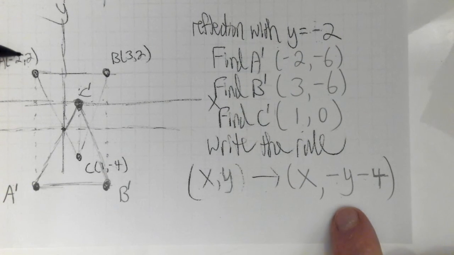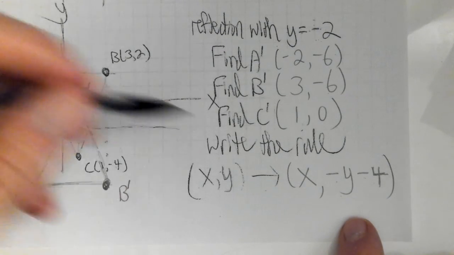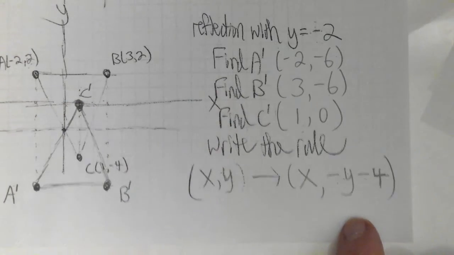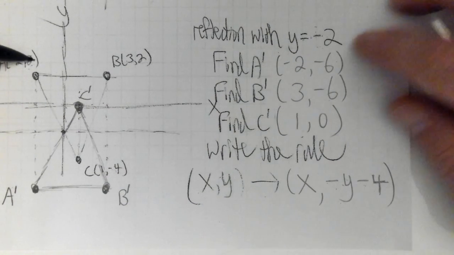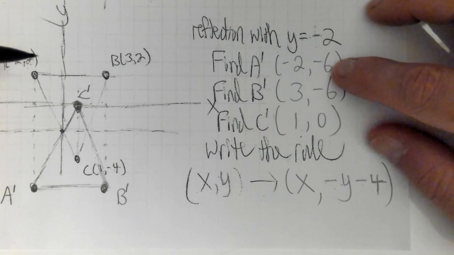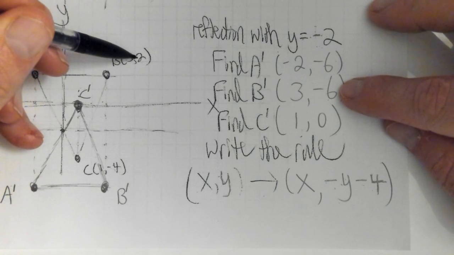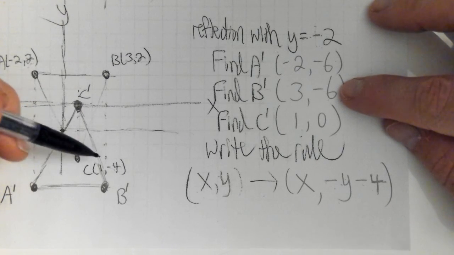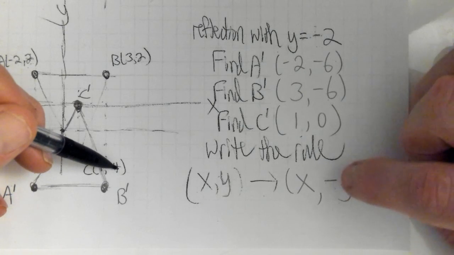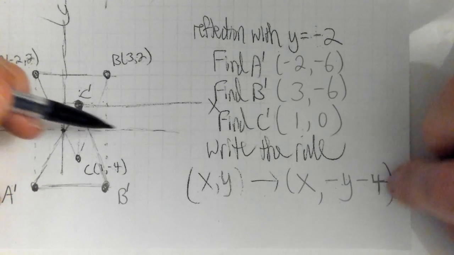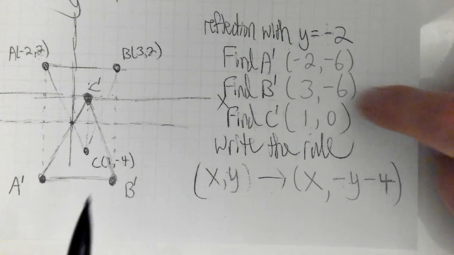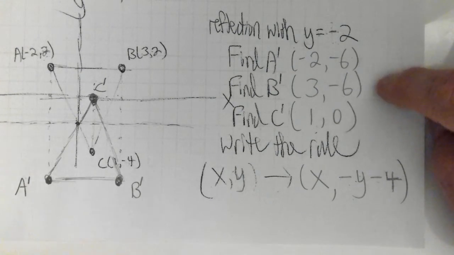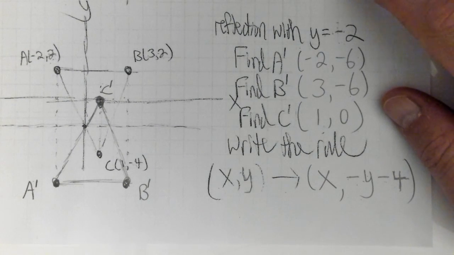Let me try that again. So 2 would change to -2, right? And then -2 minus 4 is -6. So that one works out. Same thing here. -2 minus 4 is -6. And what about here? -4 would change to +4. Minus 4 is 0. And then so all three of them actually work out. All right? And that will conclude the lesson.